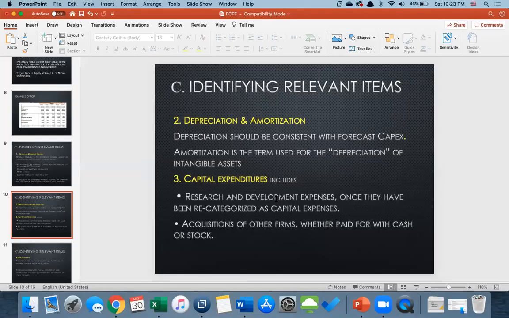So these are the two items we usually look for when we calculate the capital expenditure, usually in the cash flow statement.